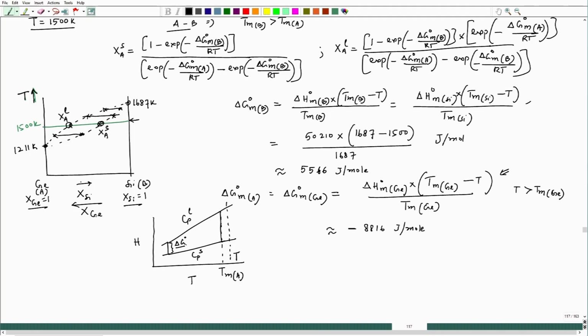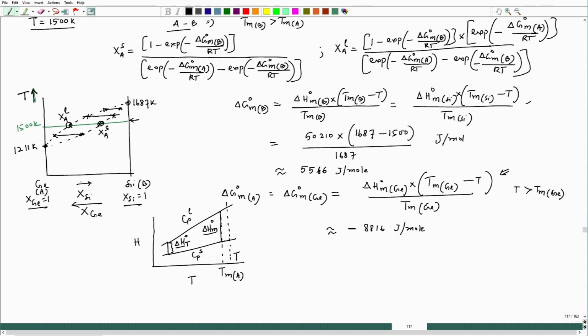So that value gave rise to this equation. You just go back and find out, this is delta H naught M at a particular temperature.